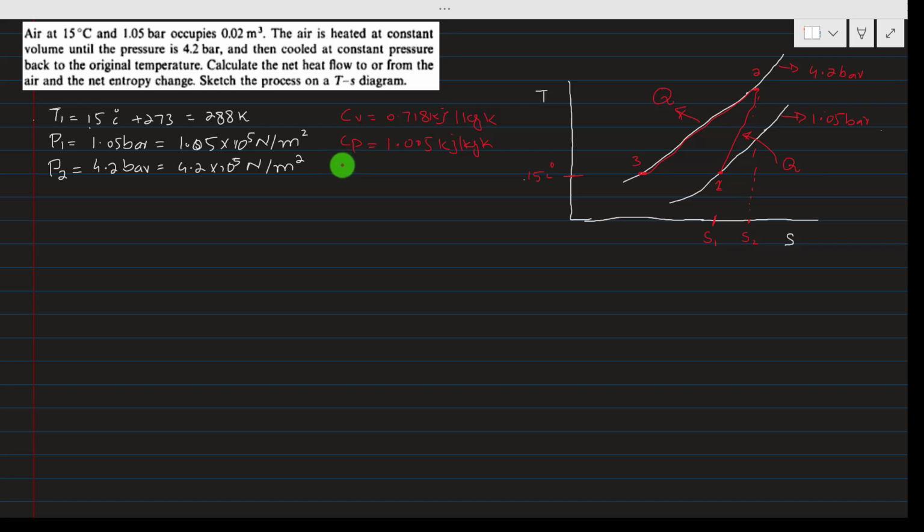Another more important constant is R, that will be equal to 0.287 kilojoule per kg K. And one more thing, the volume that is given is 0.02.